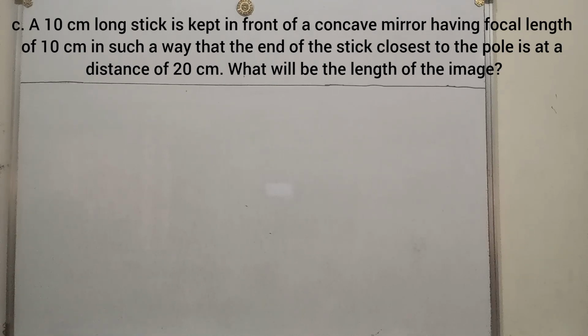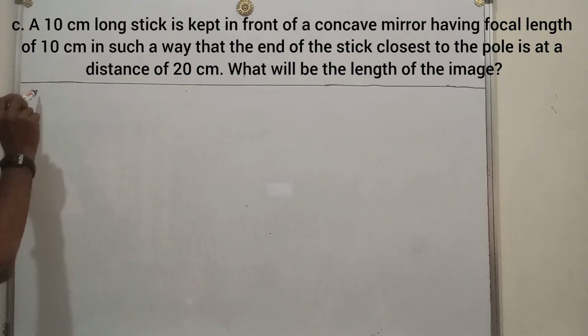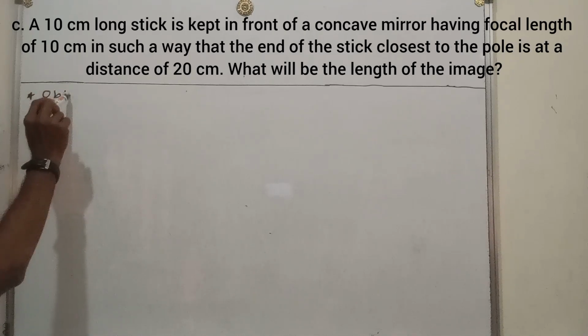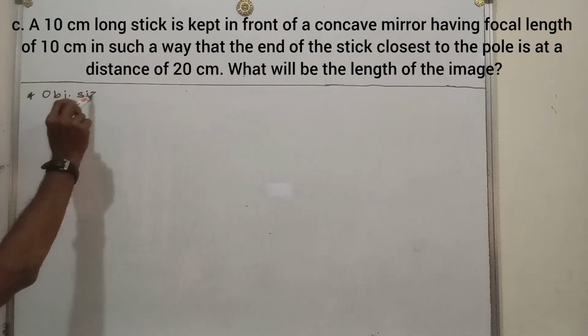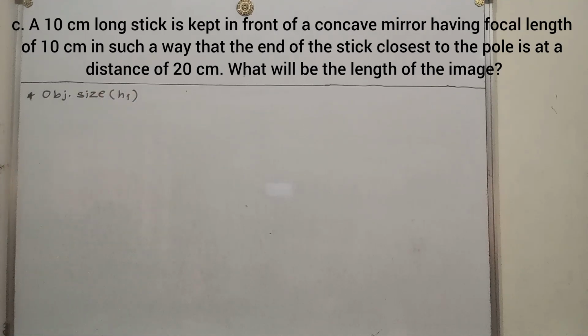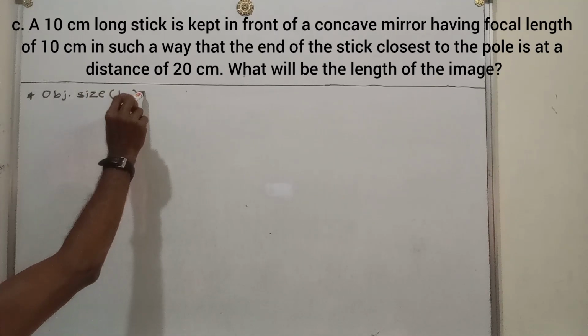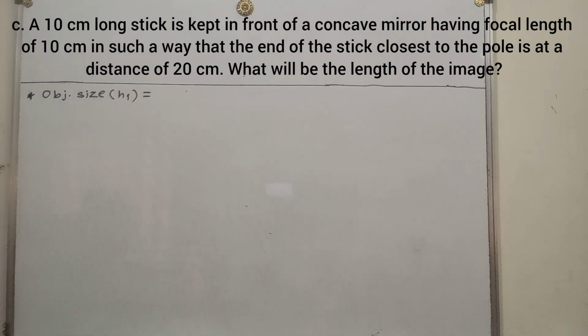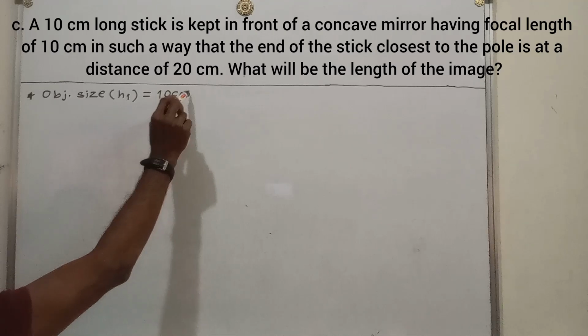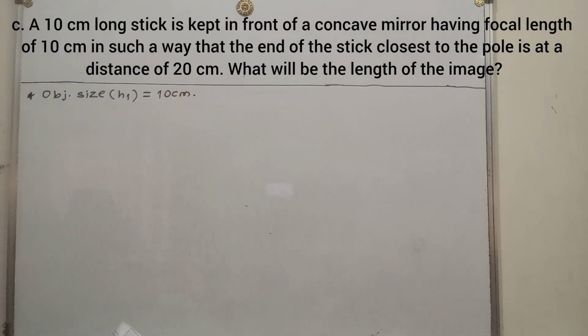A 10 centimeter long stick is kept in front of the concave mirror. When we say stick, then that is object. Stick is object. Therefore, we say object size H1 is equal to 10 centimeter. Did you get it?